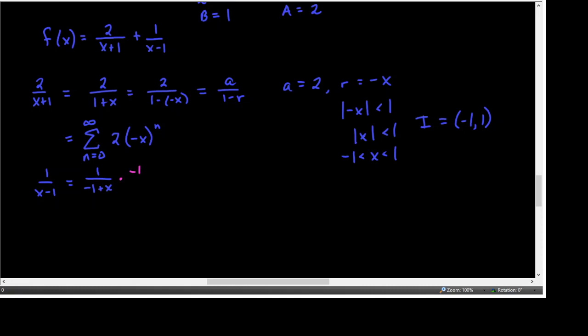So if I multiply it by -1 over -1, it actually takes care of both issues, luckily. And so that becomes positive 1 minus x. So if we equate that to a over 1 minus r, then that means that a is -1 and r is x.